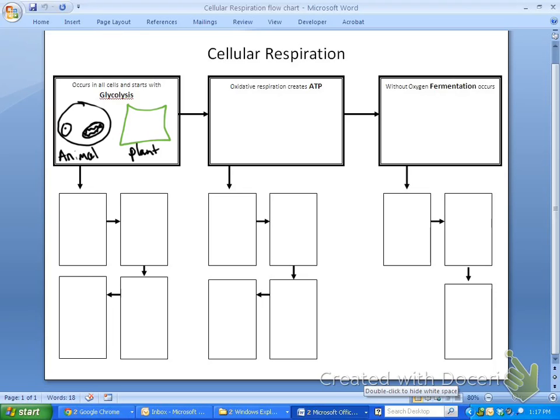Why are plant cells square? Because of the cell wall. The plant cell does also have a nucleus because it is a eukaryotic cell.